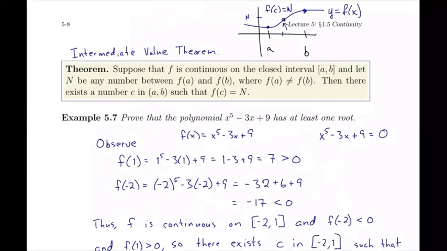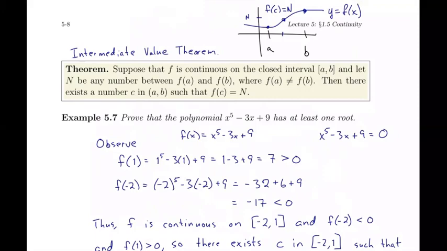What it's saying is that the curve has to pass through the value n, right? We have to have an x value that the curve passes through here. Okay, so this is really useful if we're looking to prove that a function has a root, right? It might not find the root for us, but it'll tell us what interval the root is in.